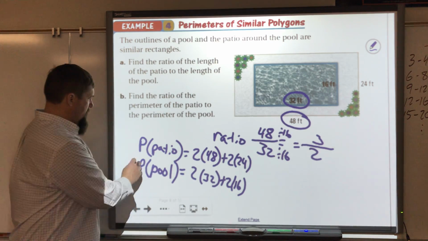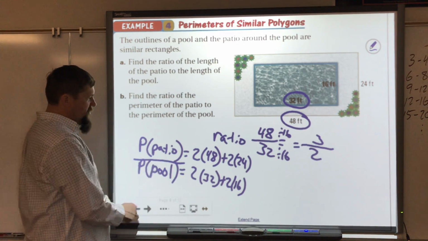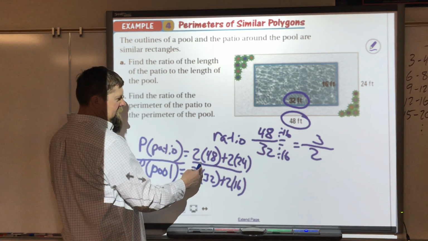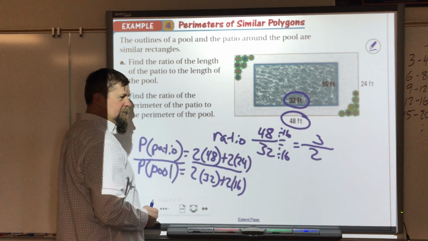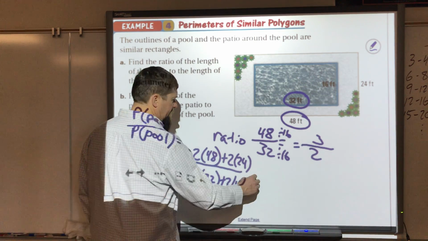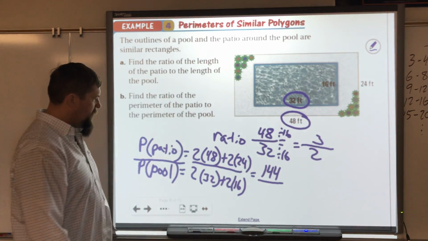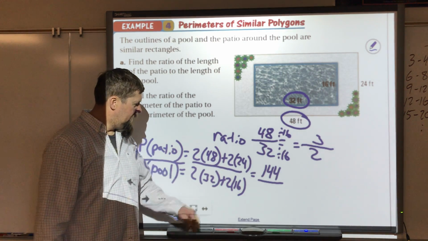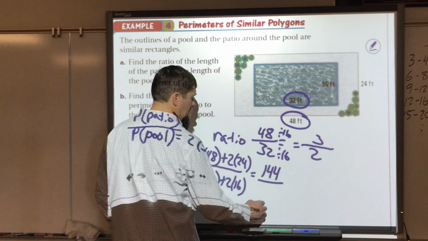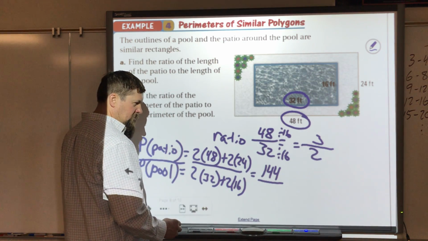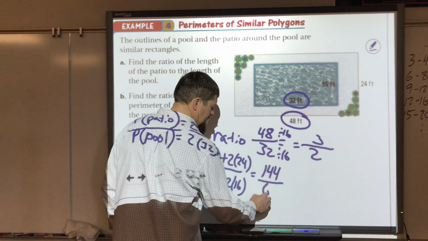So if I'm looking for this ratio, I just figure out both of them and I get 96 plus 48, that would be 144. 144 over 64 plus 32, which would be 96.